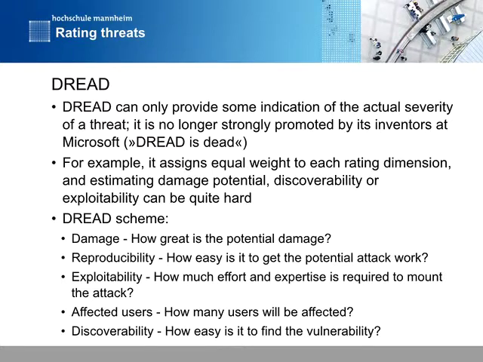Some of the questions relate to how probable it is that we're going to have an attack, and others relate to how big the damage will be. So which of these 5 relate to damage, and which relate to the probability?